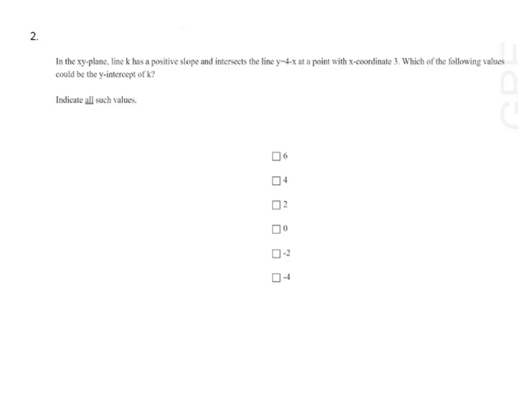There are 2 approaches to solve this problem. We can use a graph or we can use an equation. So I am using a graph for convenience. Here you can see a graph of the line y equal to 4 minus x, indicated in blue color.